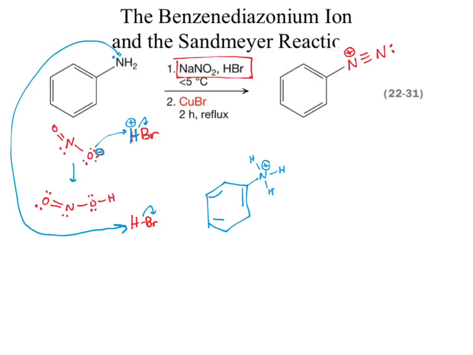The blue nitrogen in our diazonium is most likely what nitrogen in our reactants? It's probably the nitrogen coming from our aniline. What is that nitrogen going to have to act as? It's probably going to have to act as a nucleophile.